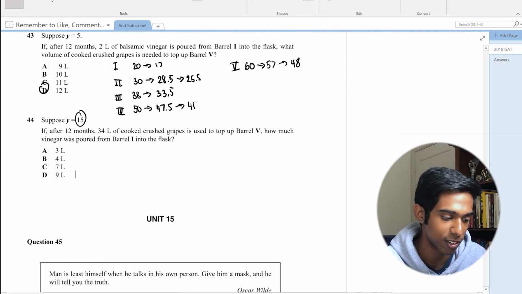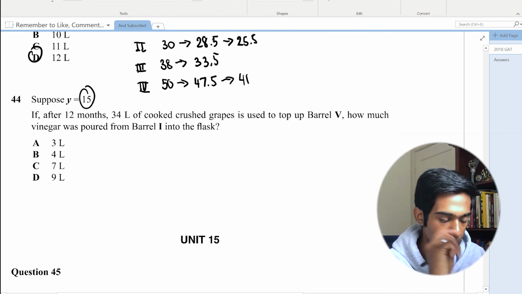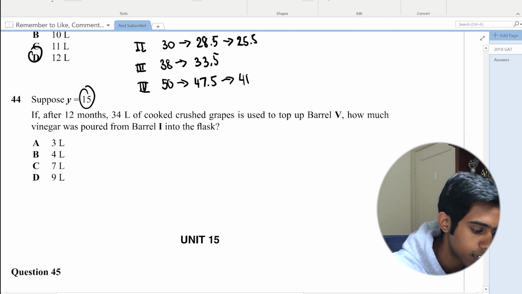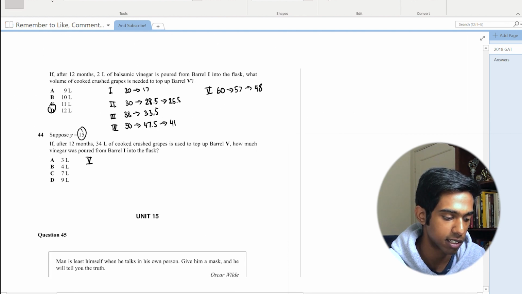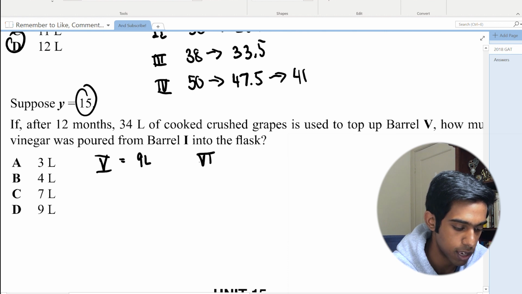Okay, so I had a look at it, and I'm just going to start by calculating 15%. So what's evaporating from every flask? In flask 5, it's 60 liters, and therefore 15% is going to be 9 liters evaporating.